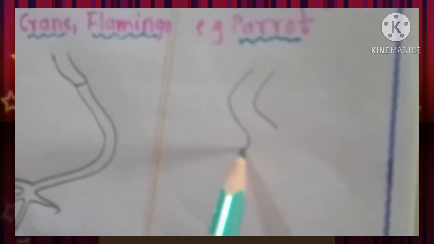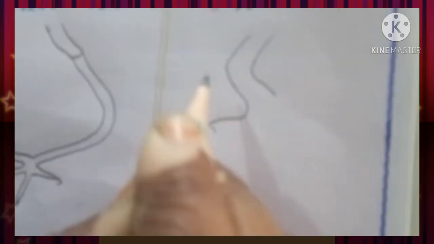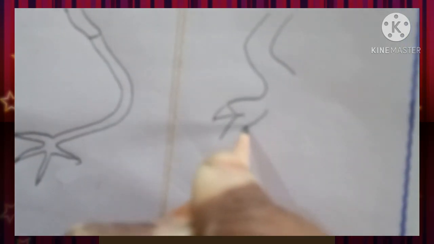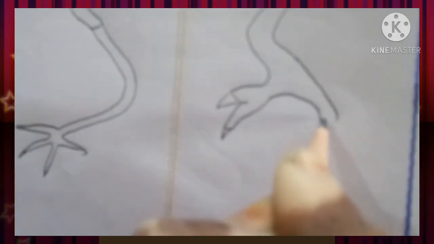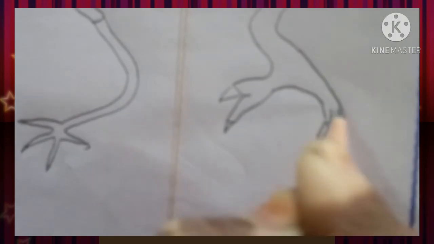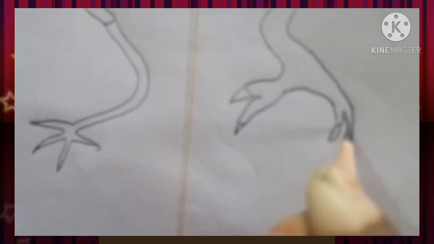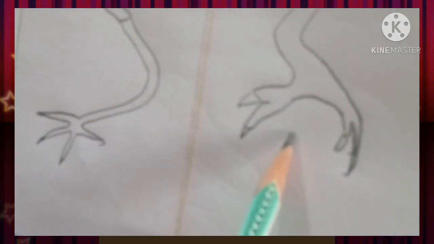See how? Here 2 toes on back side, 2 toes on back side. Now the next 2 toes on front side. So this is a climbing feet.